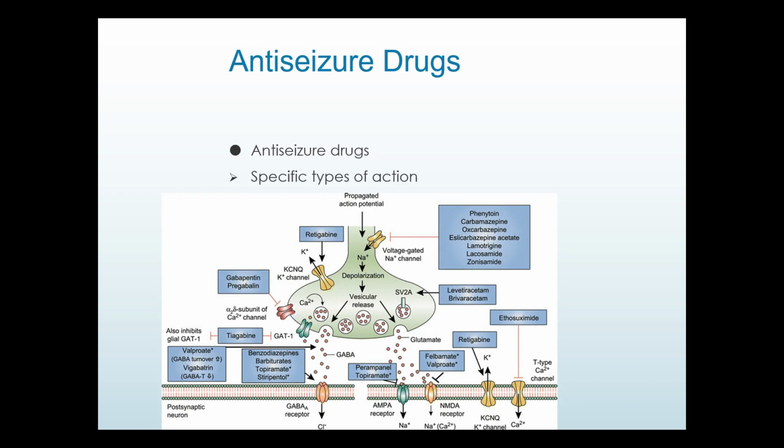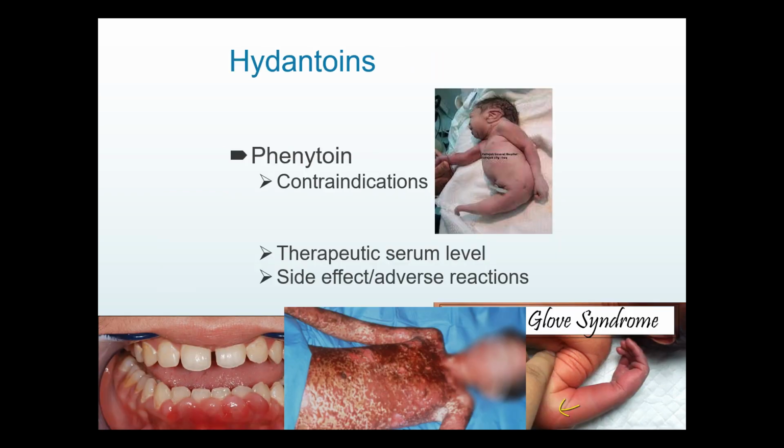Let me see which one that is on here. I don't even see it on here actually. But this is a nerve, and there are different receptor sites. It looks like a somewhat complicated picture, but the whole point is that each of these drugs works in a different way with the nerve to try to get things back on track again.